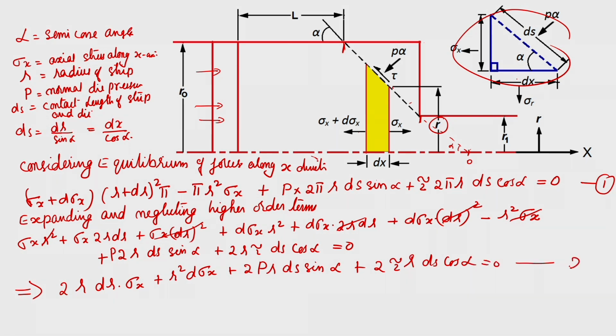So, this is equation number 2. Now, let us consider the equilibrium of forces in the radial direction, because here also there is a radial direction which is coming.